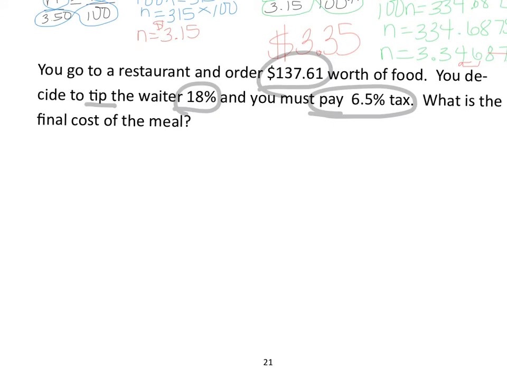Let's do our first rectangle. 100% of the cost is $137.61. You want to tip the waiter 18%, therefore you're actually using 118%.